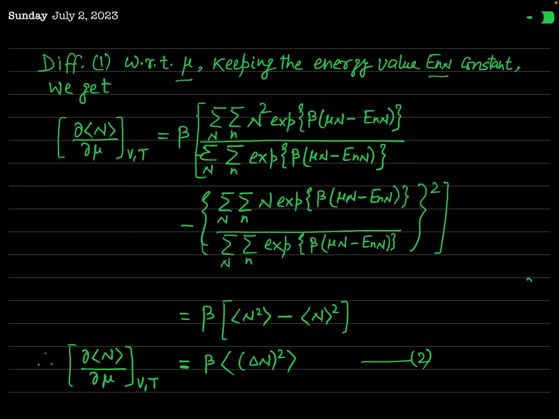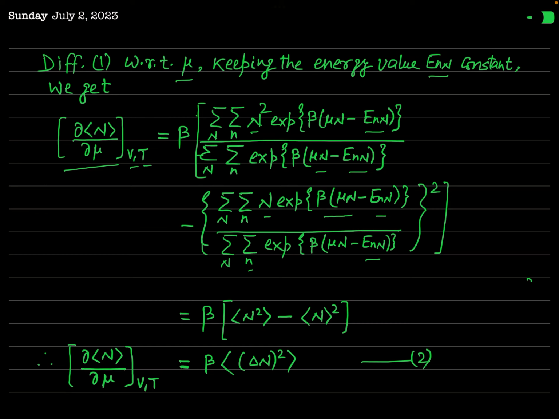I have directly written the result that the partial derivative of average value of n with respect to mu, when V and T are constant, will be equal to beta times [summation over N summation over n, n square exponential of beta (mu N minus E_n), over summation over N summation over n exponential of beta (mu N minus E_n), minus (summation over N summation over n, n exponential of beta (mu N minus E_n), over summation over N summation over n exponential of beta (mu N minus E_n)) whole square].